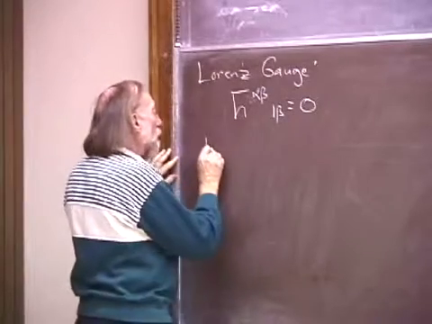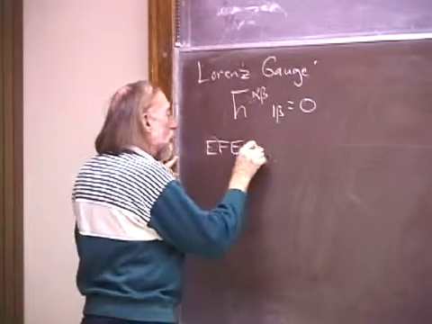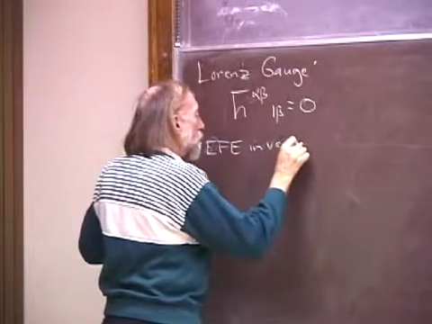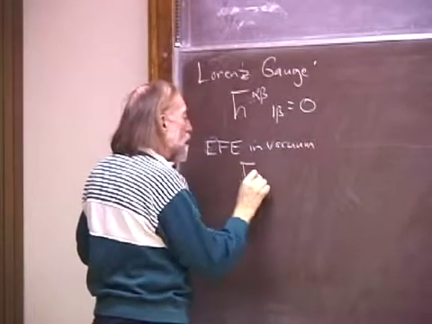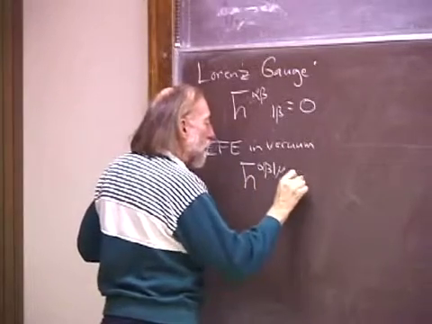And to the Einstein field equations, which in this case, in vacuum, just reduce to the wave equation, H bar alpha beta slash mu equals 0.